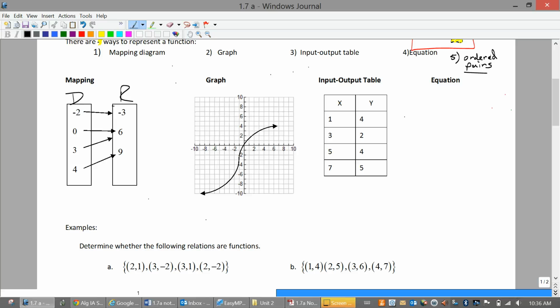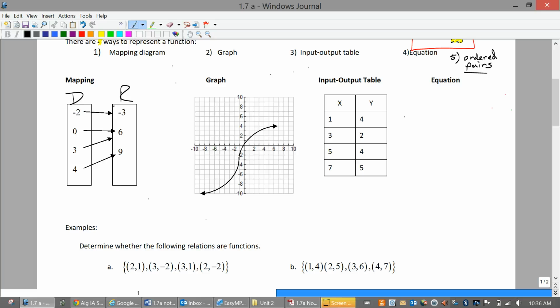On 0, only one thing comes out, 6. On the input of 3, only one thing comes out, 6. It's okay that 6 comes out of 2 different buttons. What's important is that only one thing comes out for either of those.